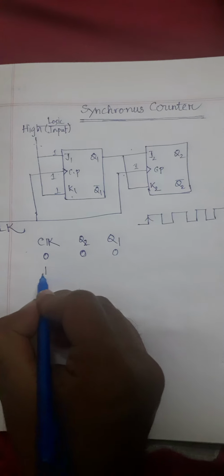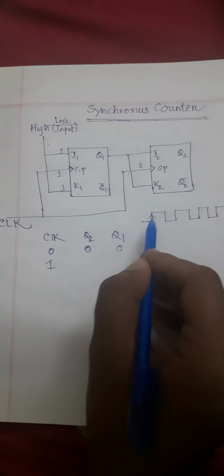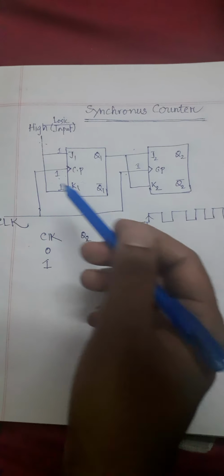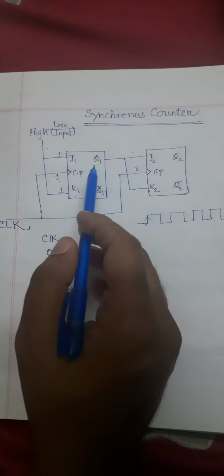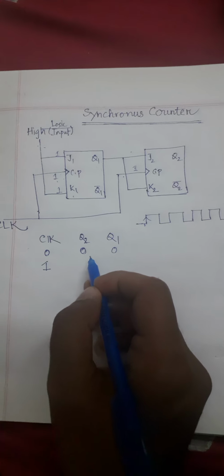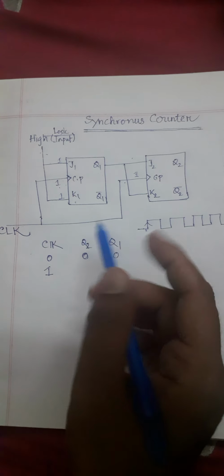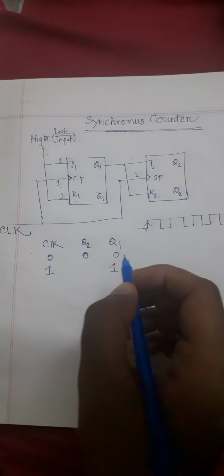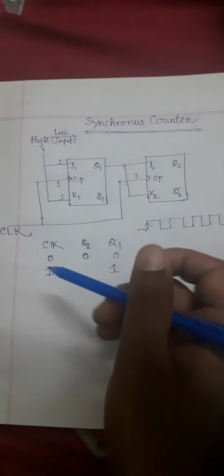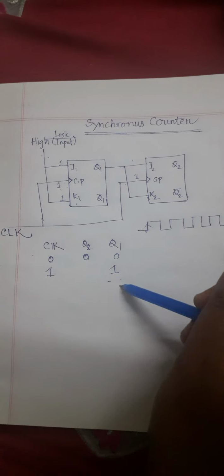But when the first clock pulse occurs at the first rising edge, 1 goes here, and due to this one, this flip-flop gets triggered, and due to this triggering we will have the toggled output at Q1. Q1 had a value of 0, but now we will have a value of 1 because of the triggering.